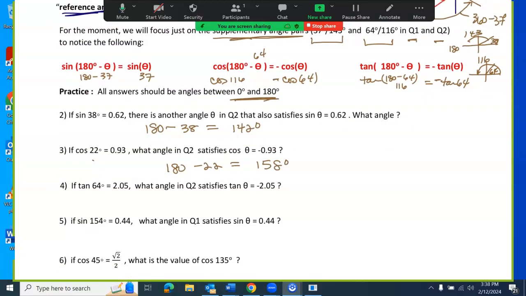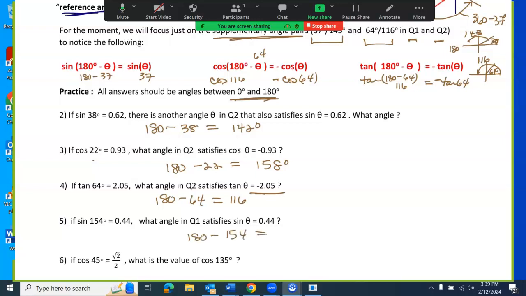These angles are supplementary. If the tan of 64 is 2.05, then I know the tan of 180 minus 64, which is 116, will be negative 2.05. If sine is positive, then in quadrant 2, sine's also positive for its supplementary angle.